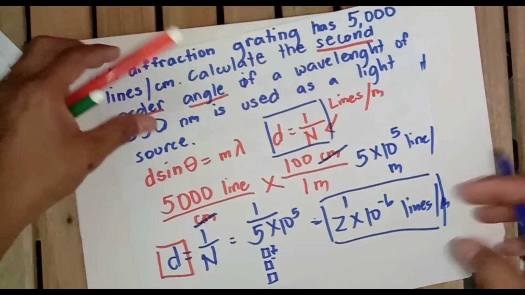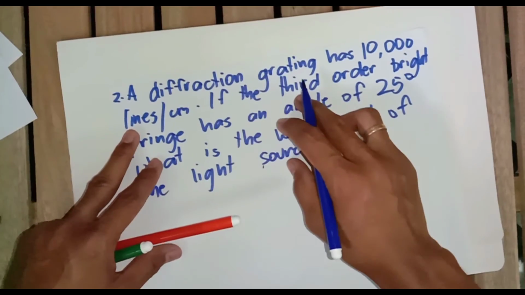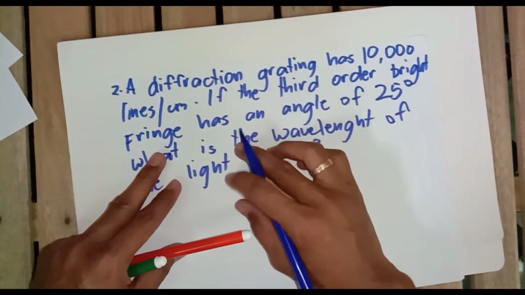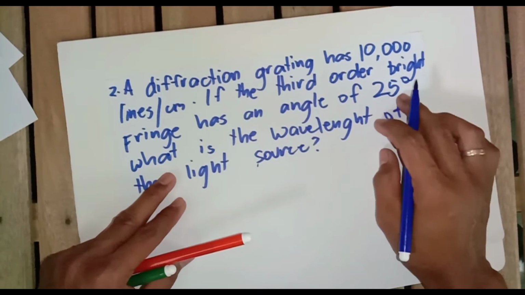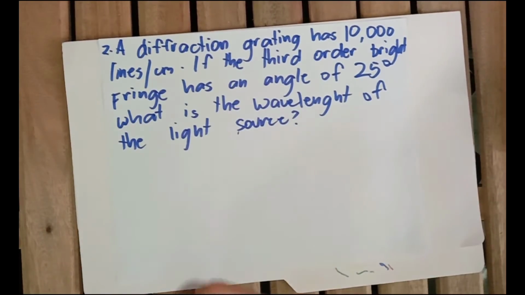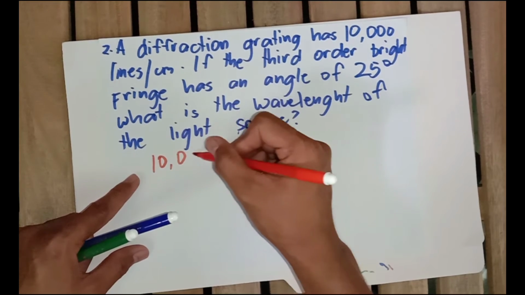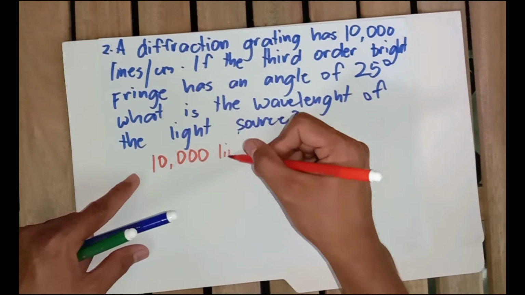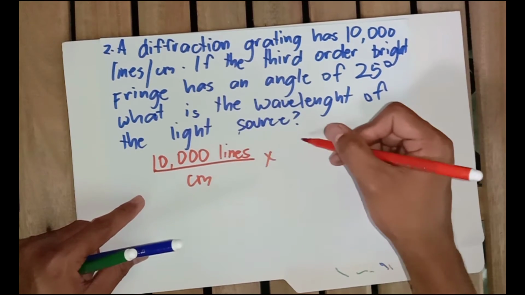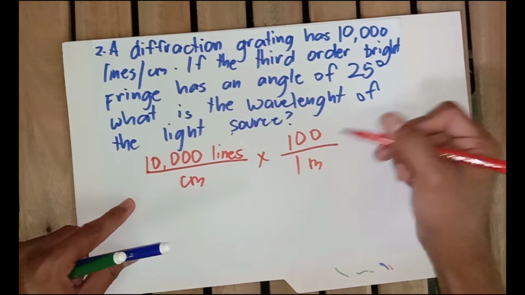Okay, let's move on to our second problem. A diffraction grating has 10,000 lines per centimeter. If the third order bright fringe has an angle of 25 degrees, what is the wavelength of the light source? And just like what we did earlier, we have to convert 10,000 lines per centimeter to lines per meter.